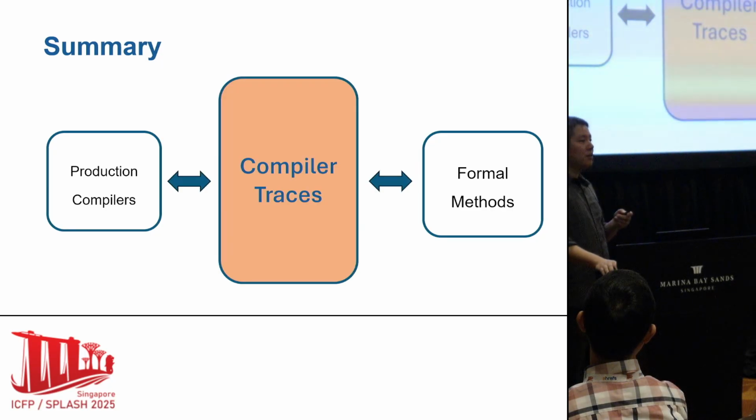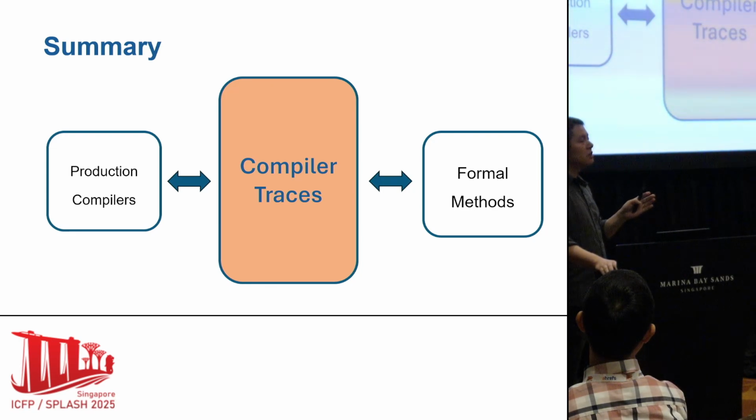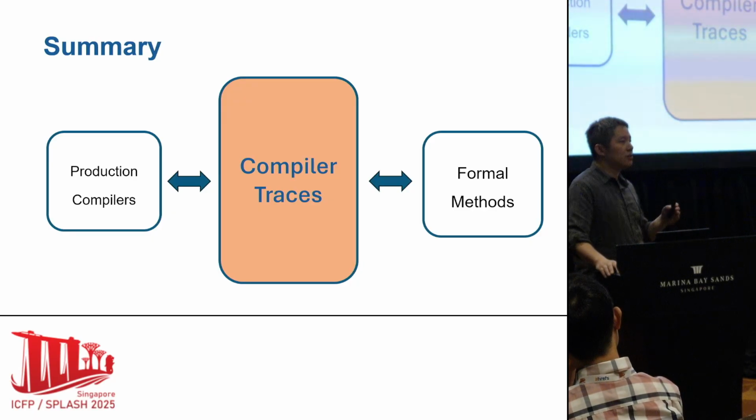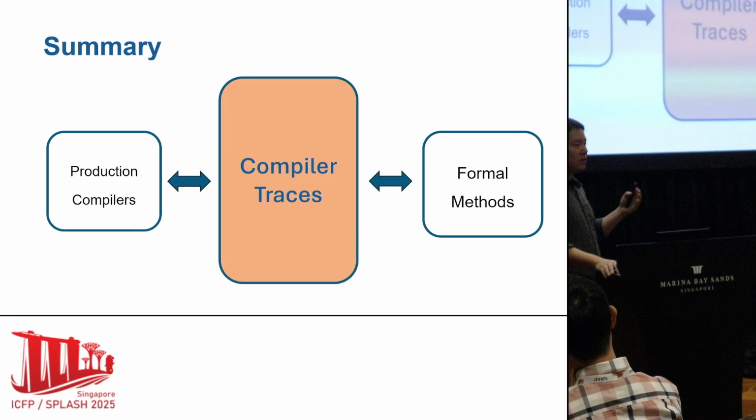And I'm trying to argue that compiler instrumentation information is the right sweet spot between the practical world and the theoretical world. All we need to do is, according to our specific application, instrument the corresponding APIs in LLVM, and we can use the instrumented information to help with the validation tasks.